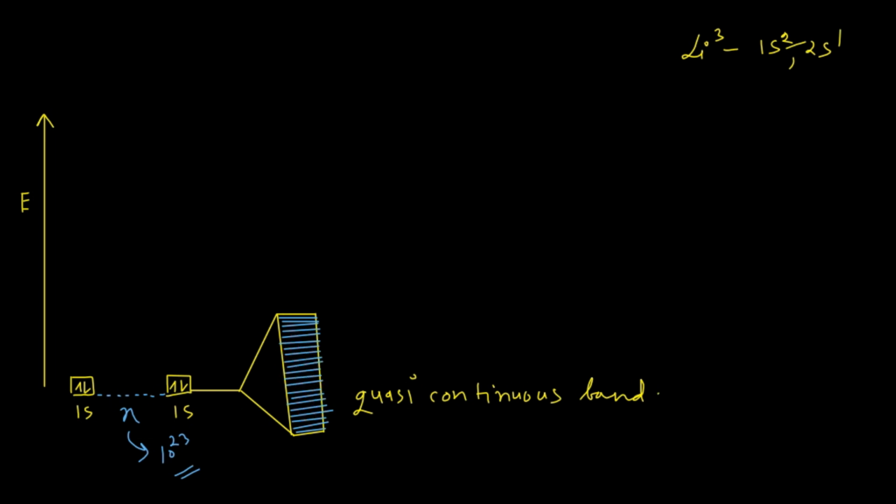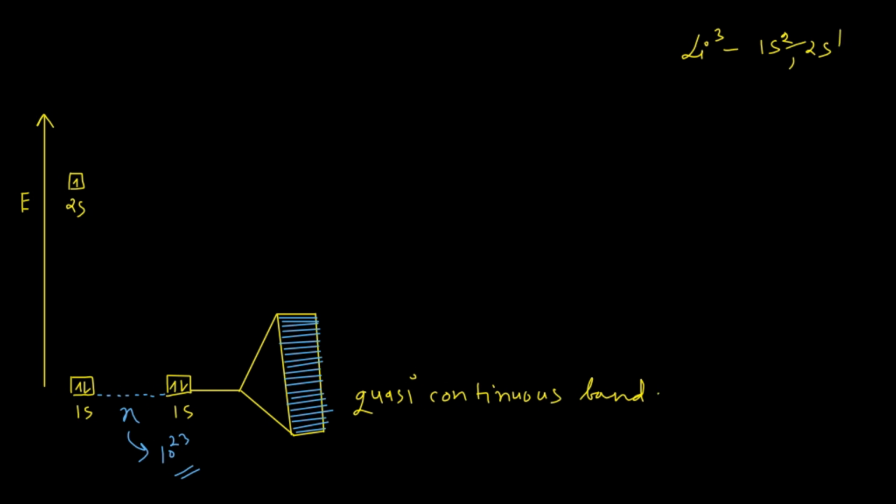I hope this is quite clear to you, but I am interested in your 2s orbital. So what I am doing here, say I am making this 2s orbital of the lithium, and definitely it will have only one electron, since in the electronic configuration you can see in the 2s orbital you are having only one electron. This is quite obvious, right?